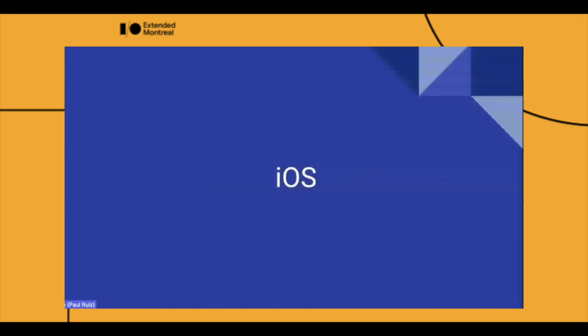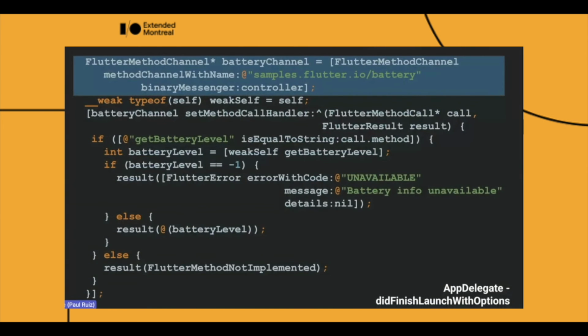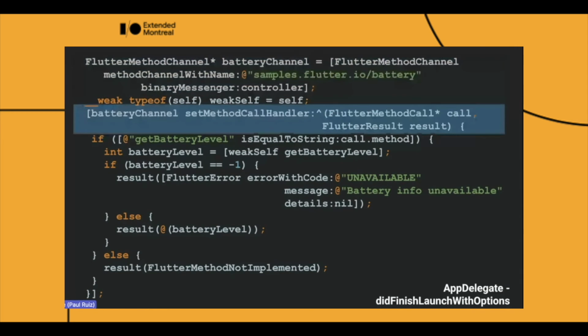And then to wrap this up, I'm just going to go over how this all works from the iOS side of things. So generally, again, it's going to be similar, but there are a couple nuances that are worth mentioning. So we'll start with the method channel this time. The first thing we'll need to do is declare our method channel by the name that we're using in Flutter. After that, we can attach our method call handler to the new method channel.